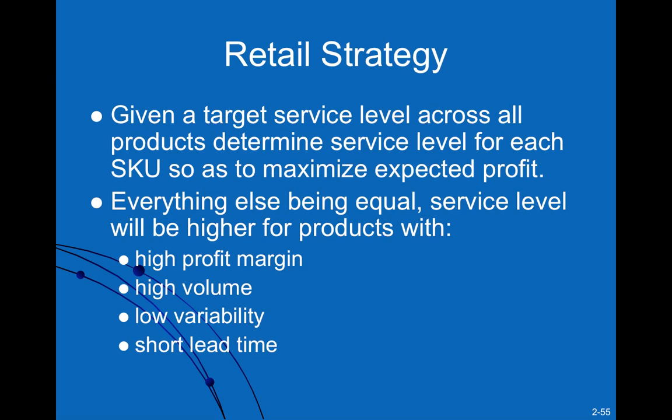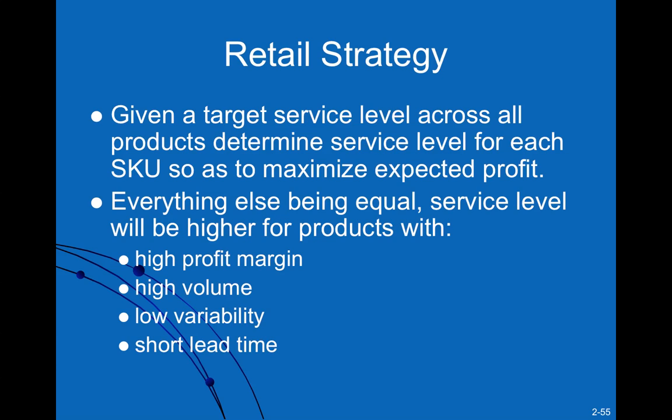All right. So here are some basic rules to keep in mind. Everything else being equal, service level will be higher. You will set the service levels higher for products with higher profit margins. That makes sense. Why would you want to run out of a product with a high profit margin? You would definitely want to make sure you have those in stock. All right. The service level will be higher for those with high volumes, in other words, high velocity.